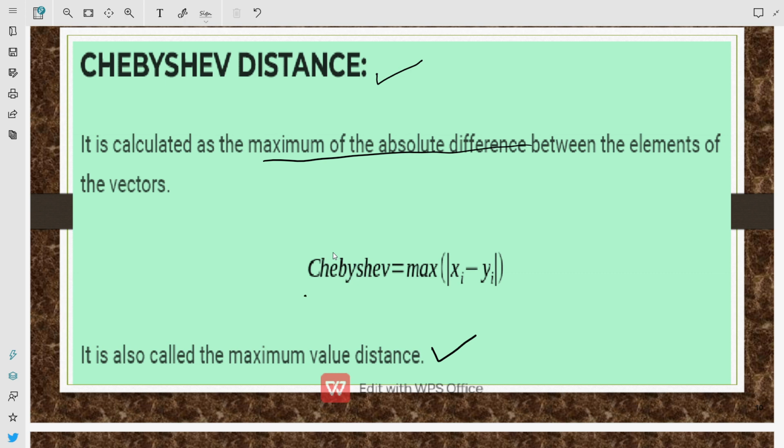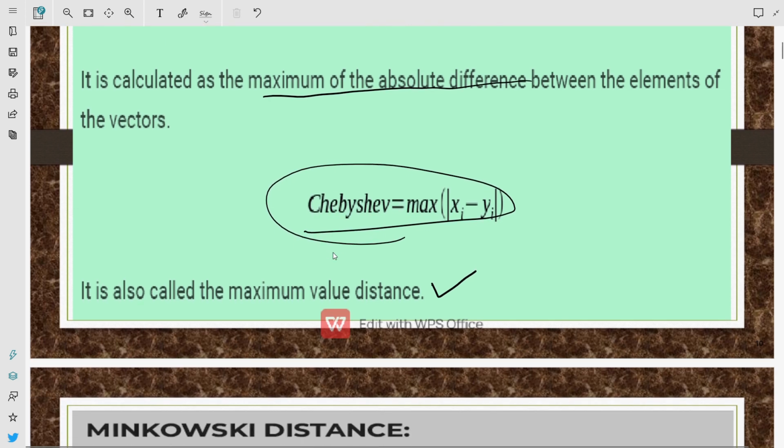Okay, so this is the formula for this. Don't worry if you do not understand this particular slide; you will clearly understand while solving the examples. Okay, so it is called the maximum value distance.